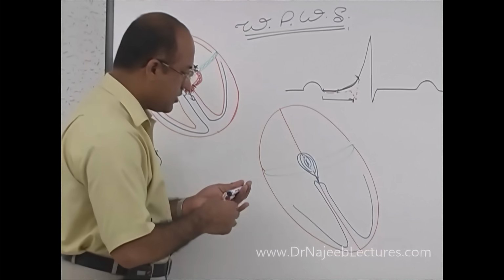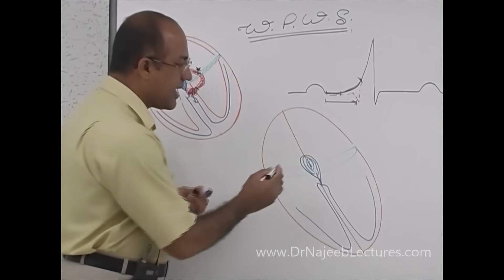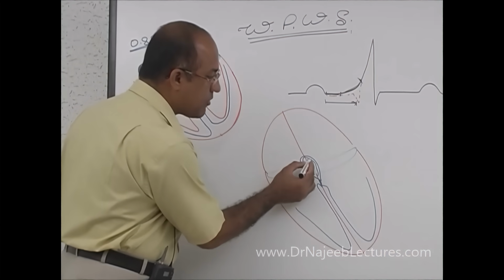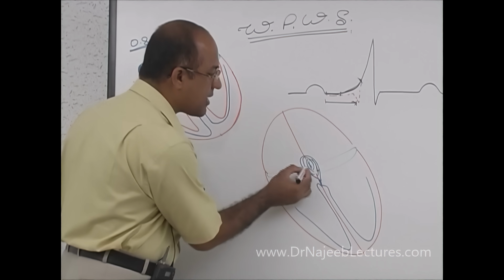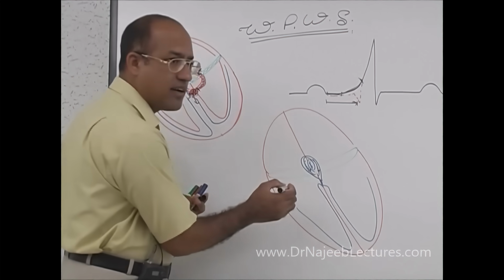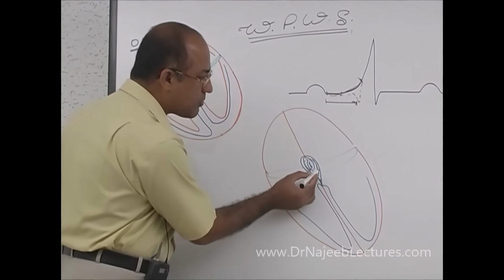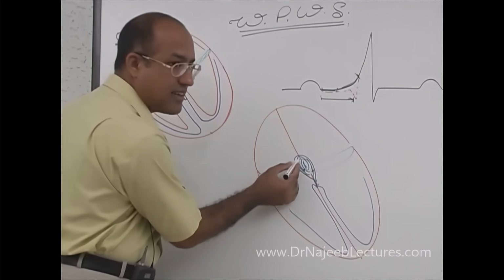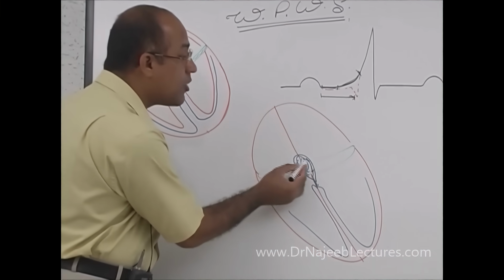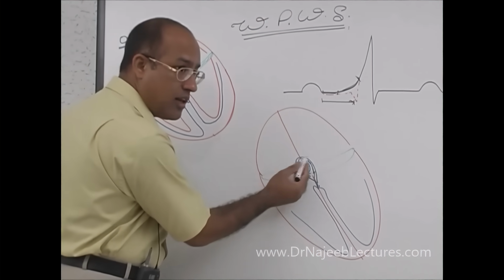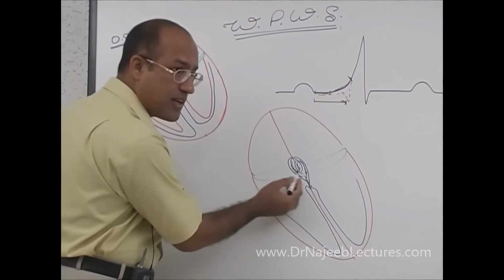Listen, if someone has a problem within the AV node and one pathway conducts fast, another pathway is conducting slowly, right? Then by chance, sometimes it's possible that current from the fast pathway goes down as well as re-enters. We say intranodal re-entrant phenomenon.